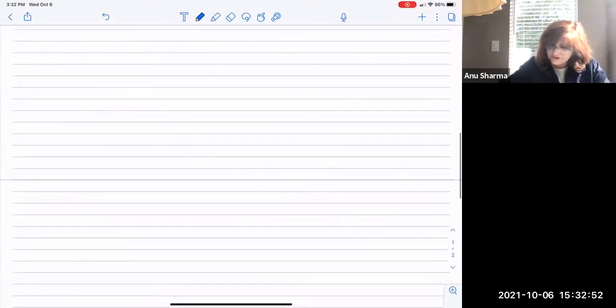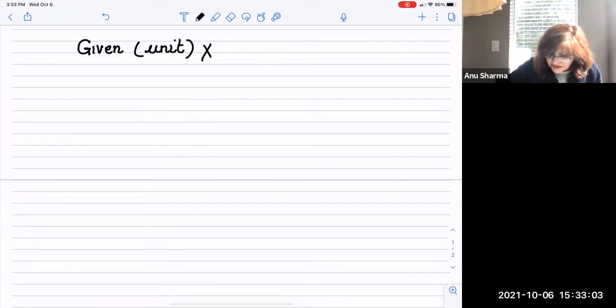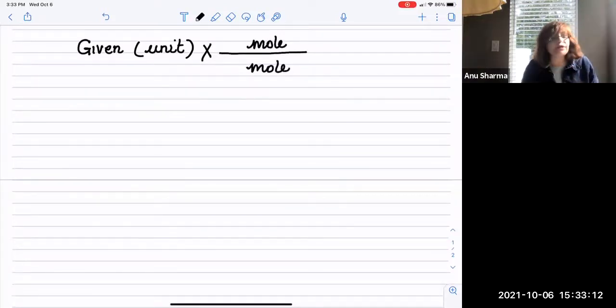As usual, you write down your given, whatever entity is given and whatever units are there, times the mole-to-mole fractions. The top moles is the moles that you want. The bottom mole is the mole that you want to get rid of.